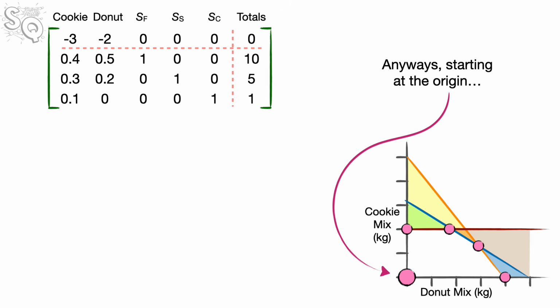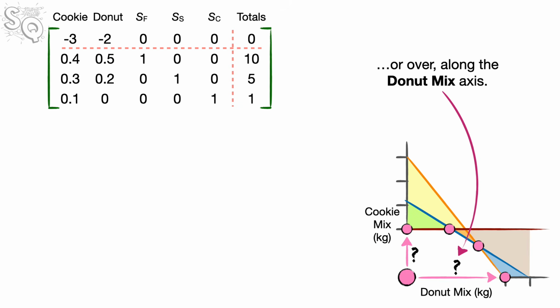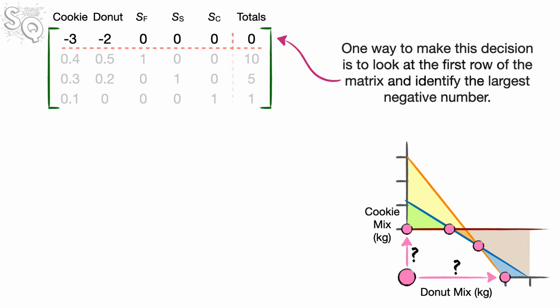Anyways, starting at the origin, the first thing the simplex algorithm has to do is decide if it should go up along the cookie mix axis or over along the donut mix axis. One way to make this decision is to look at the first row of the matrix and identify the largest negative number.